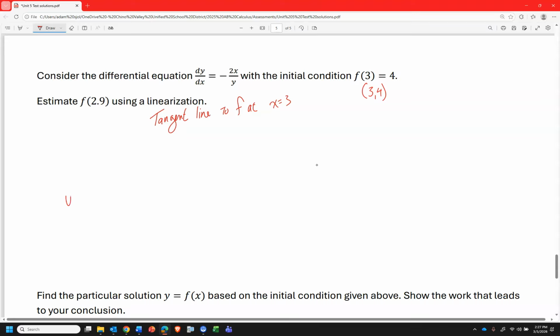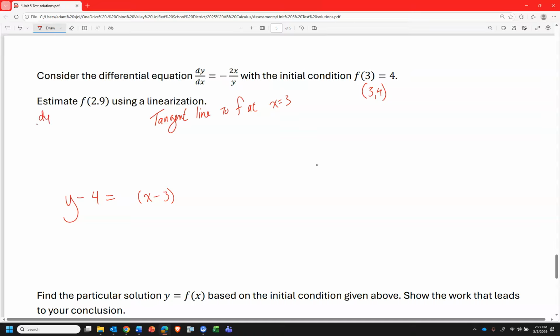So what I'm already thinking is I want y minus the y value, which I already know is 4, equal to slope times x minus the x value, 3. So all I need is slope, but dy/dx already is the slope. So I don't even have to take a derivative. I need to use the derivative I was given.